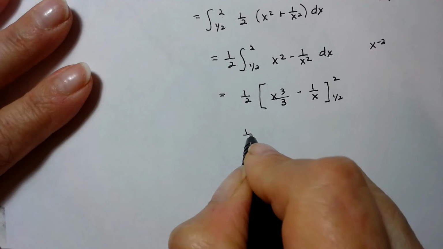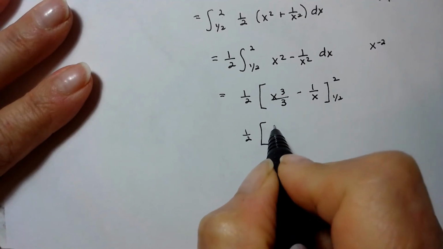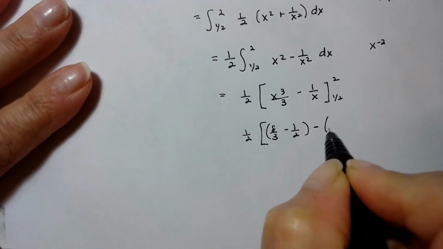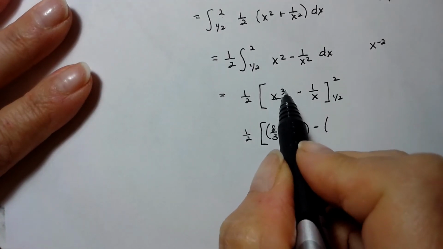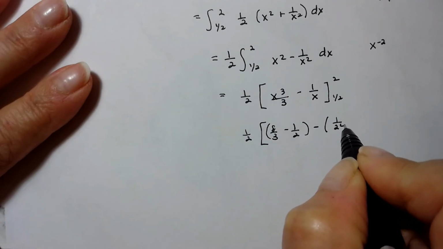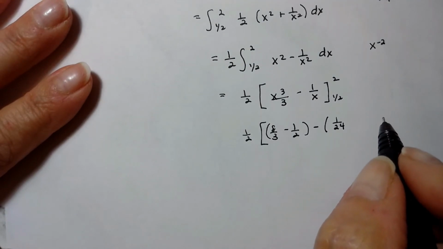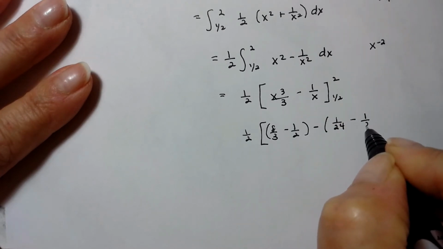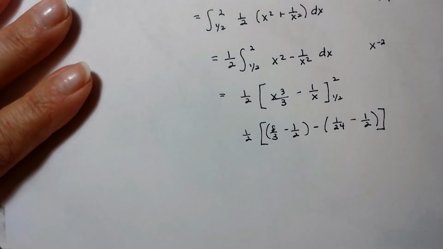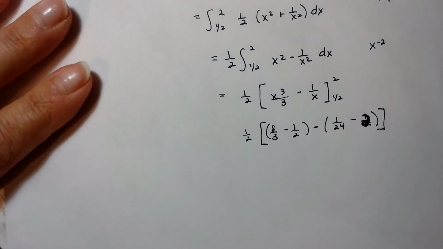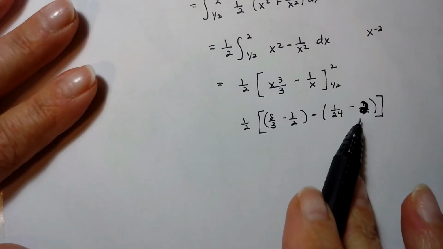If I plug the 2 in, I'm going to have 8/3 minus 1/2, minus, now if I plug the 1/2 in, that's going to be 1/8 times 3, or 1/24, minus, no, sorry, minus 2, right? 1 divided by 1/2 is 2.